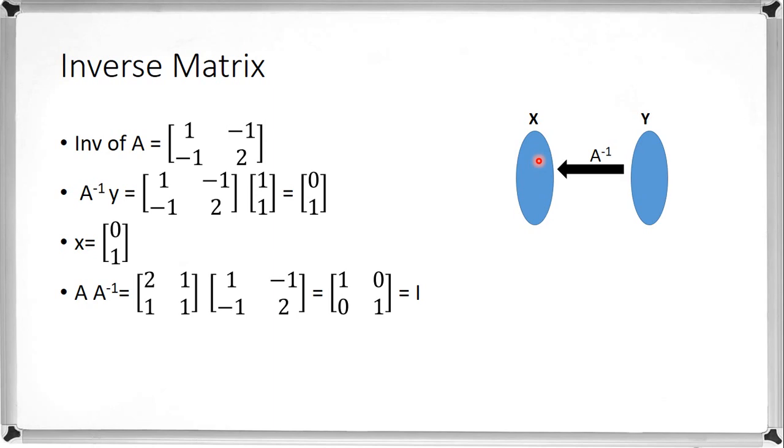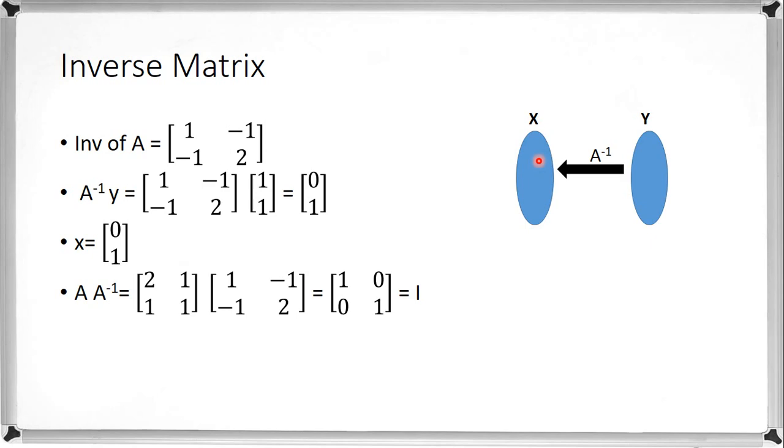We can look at the simple inverse of scalars, like inverse of 2 is 1 by 2, and if we multiply an element with its inverse, like 2 multiplied with 1 by 2, we get identity, which is 1.